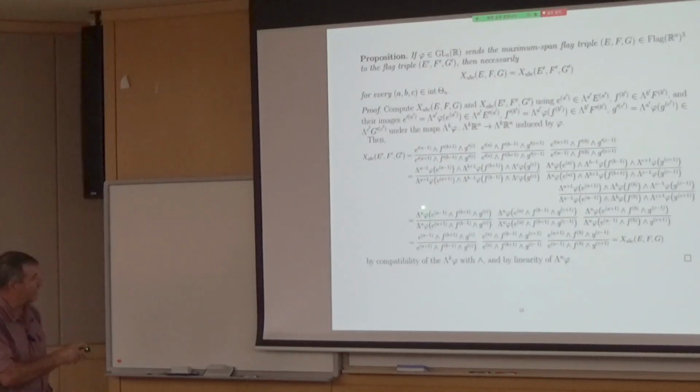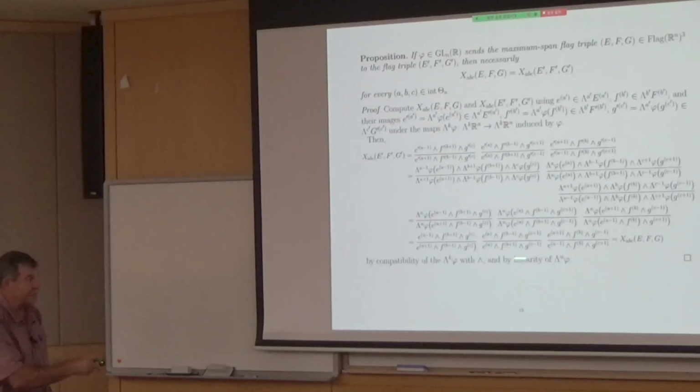And then these linear maps induced in degree n are linear in dimension 1. So the ratio between the images under linear maps is the same as the ratio between the original numbers. And then same here. So this line here is equal to that line.